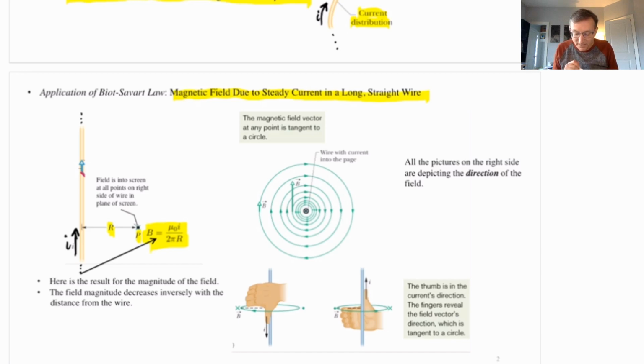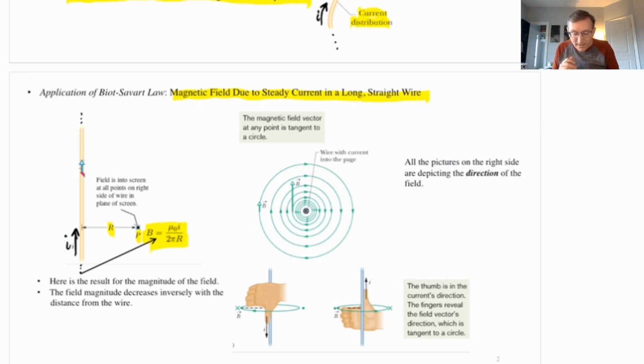Because the formula is B equals mu zero, that new constant, the permeability constant, times I, over 2 times pi times that distance, big R. Okay? Note that big R downstairs is R, not R squared. Okay? And so the magnetic field gets weaker inversely with the distance. As you get farther away, the field gets weaker.